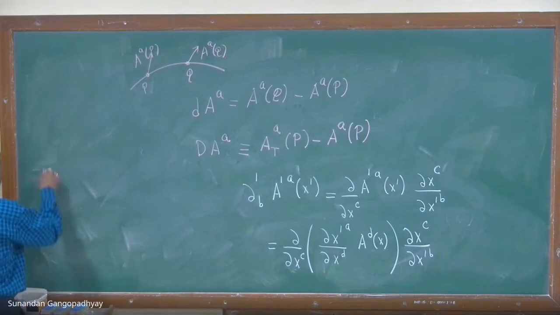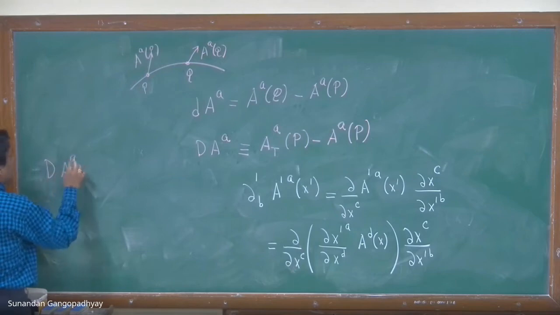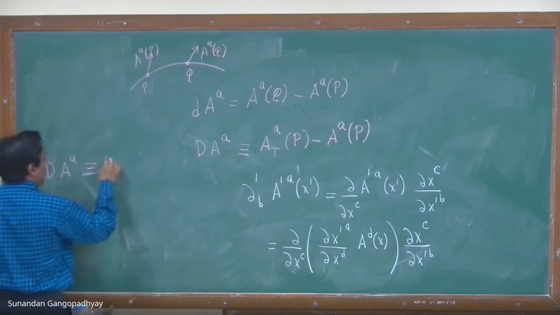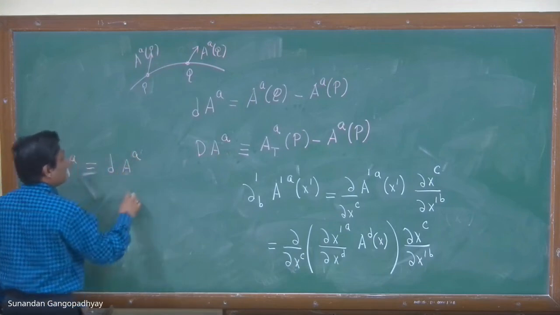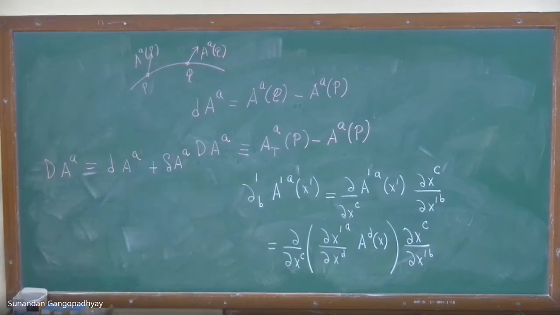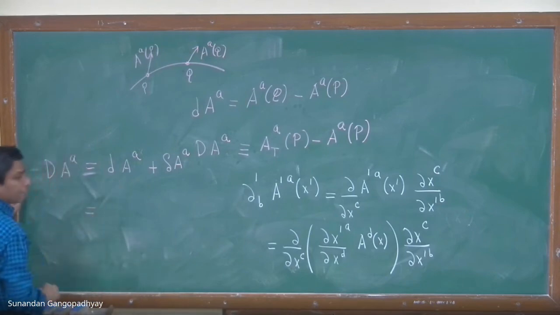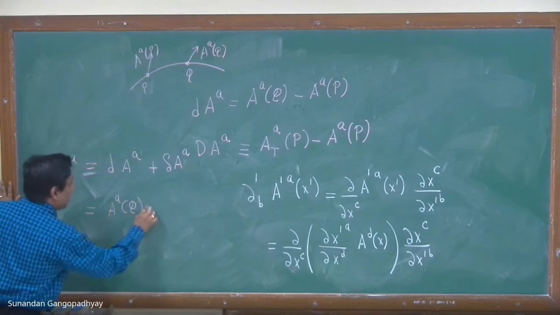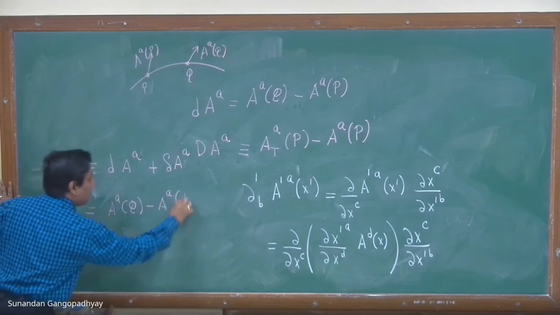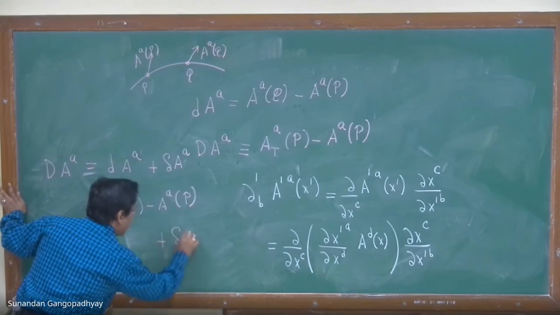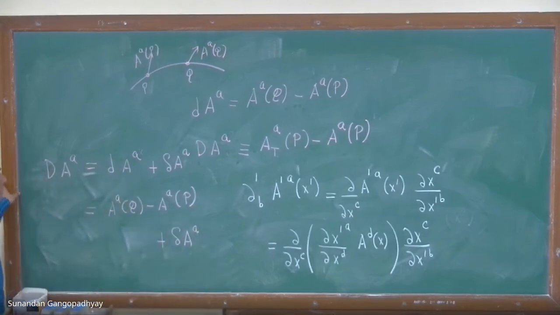Okay. One may write this as DA^A plus delta A^A. What is DA^A? DA^A is A^A at Q minus A^A at P, plus you have a delta A^A. And what is this equal to?